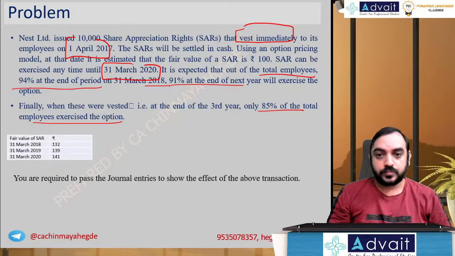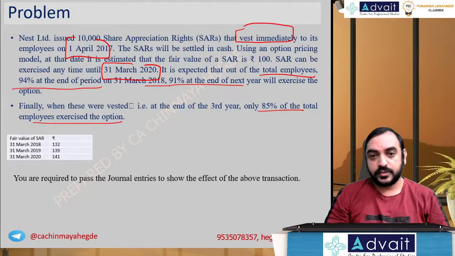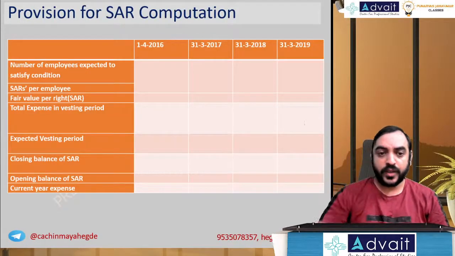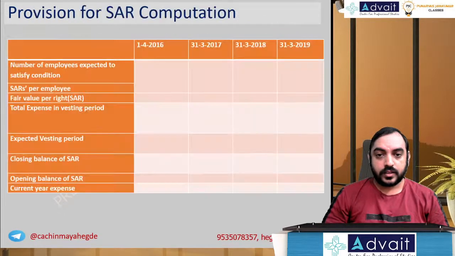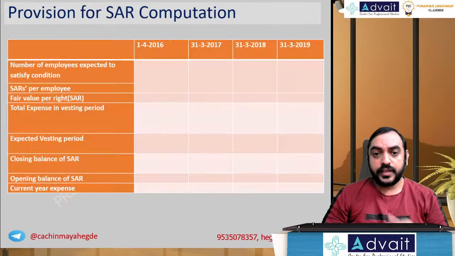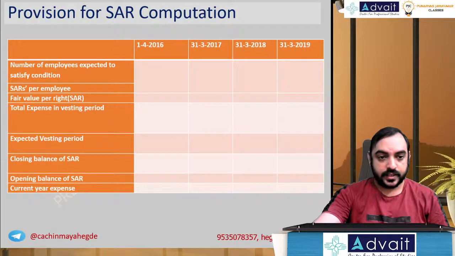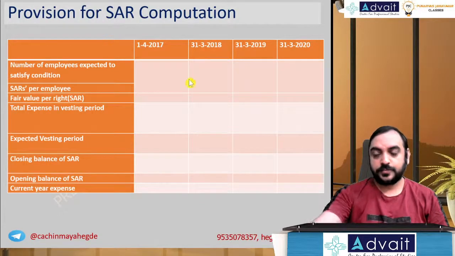We have this format which we are going to follow. This format, if you know it, we have been following. 1st of April 2017 till 2018, 19, 20. Okay, let me just put the dates correctly: 17, 18, 19, 20.